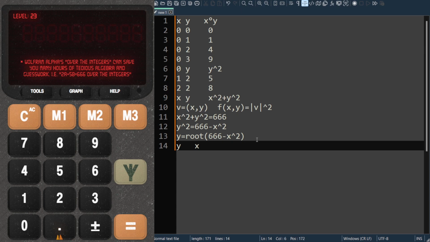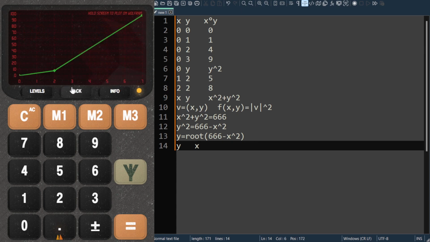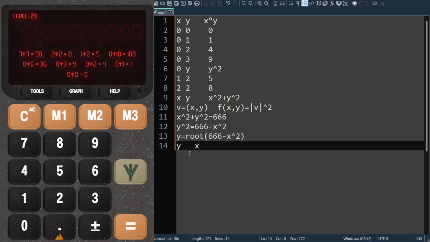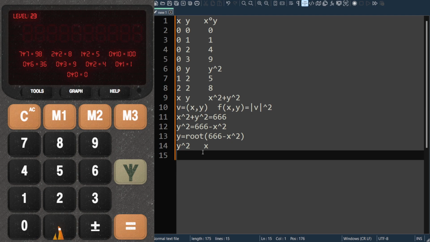I guess we could graph this, because I think that would be the smartest thing. But I'm way too lazy, so we're going to do this an older way. Let's think about how I want to do this. I'm going to create a table which has y squared, not y but y squared, as its output, and the input is going to be x.